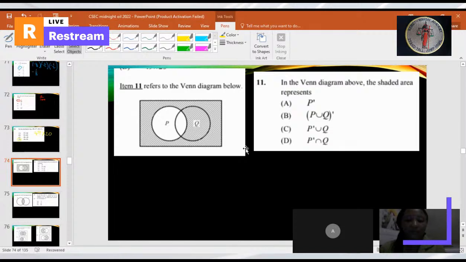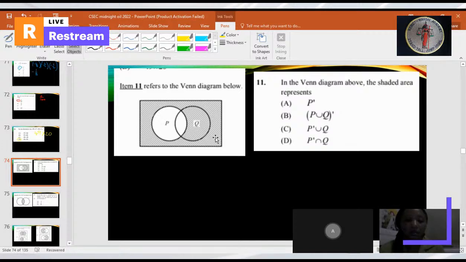All right, number 11. In the Venn diagram above, the shaded area represents what? All right, so how would we describe the shaded area? P intersect which of the options?